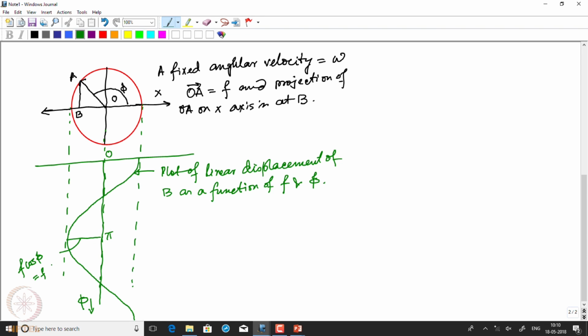If the angular velocity omega is constant, then phi is proportional to omega t. So this will represent the linear displacement of B along the direction of phi.